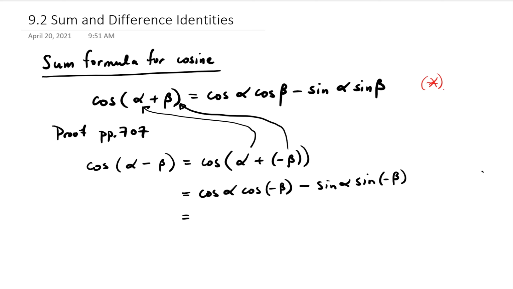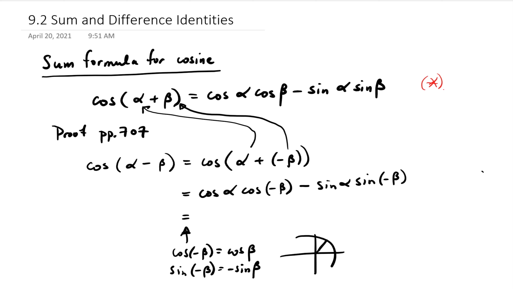At this point I know that cos of minus beta is cos of beta. I also know that sine of minus beta is minus sine of beta. Remember, we've seen this in the last video, but actually many times. This is just due to the fact that on the unit circle, if this is beta and this is minus beta, these two points have the same x coordinates, so same cosine, but opposite y values, so opposite sine values.